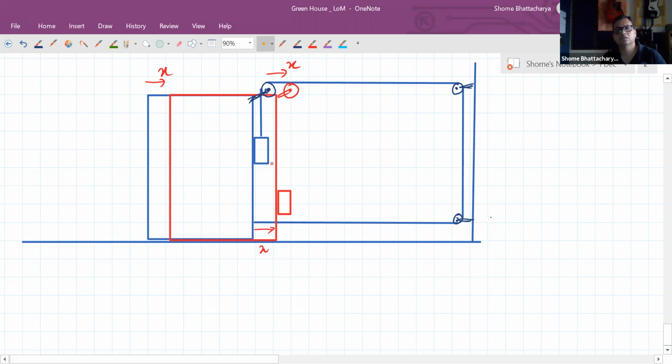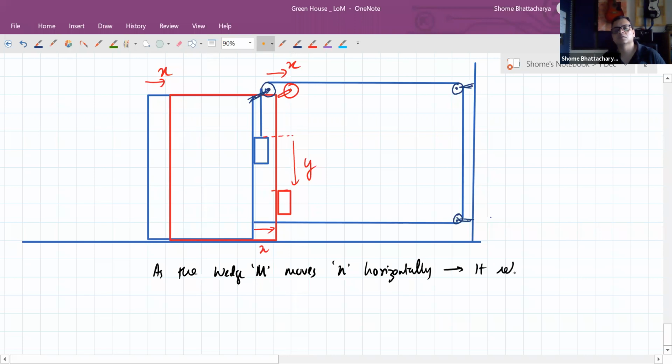Whereas this has moved a downward displacement of y, let's say. So what happens here is as the wedge capital M moves x horizontally, it releases 2x length of thread. Here and here, 2x length of thread gets released because this thread is here now.